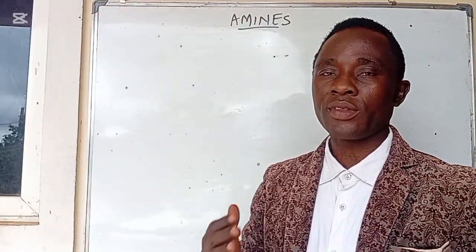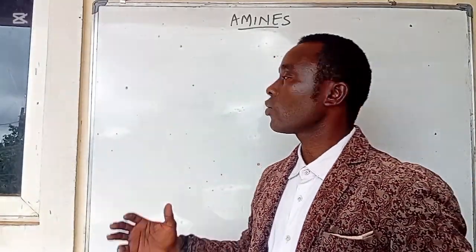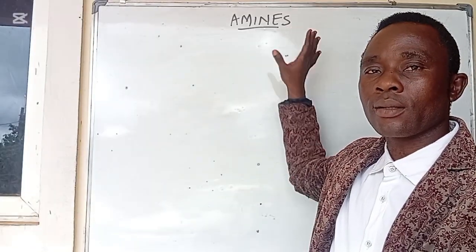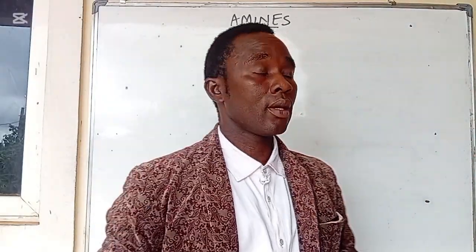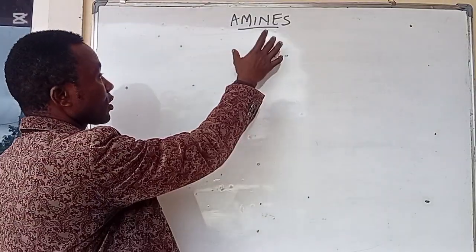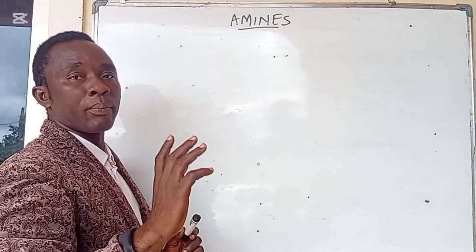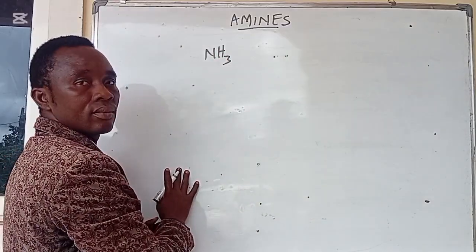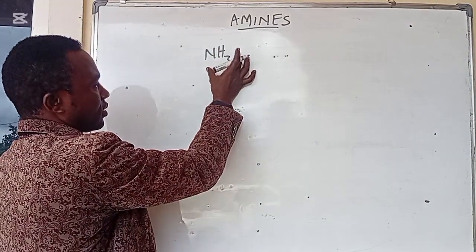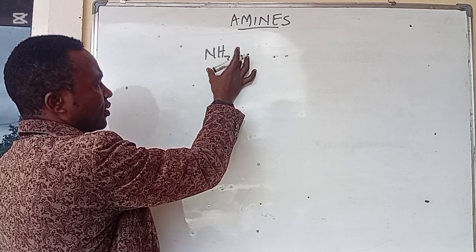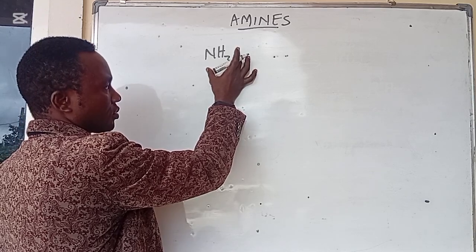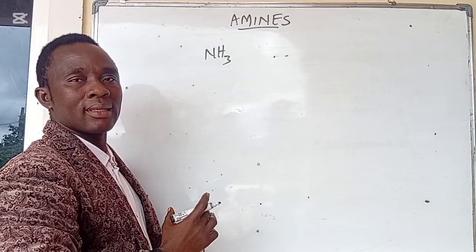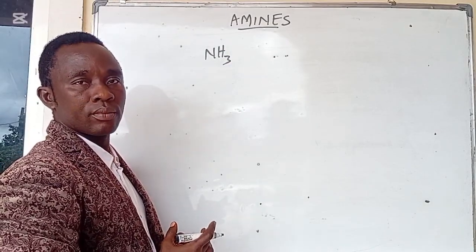In this class, I'll be taking a very important topic, which is what? Amines. Amines are organic compounds that are produced from ammonia when the hydrogen of ammonia is replaced by an alkyl group.